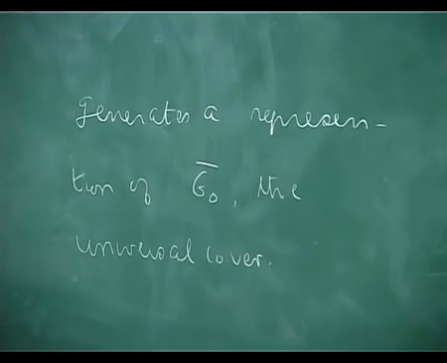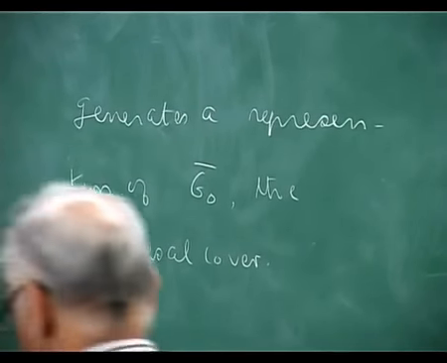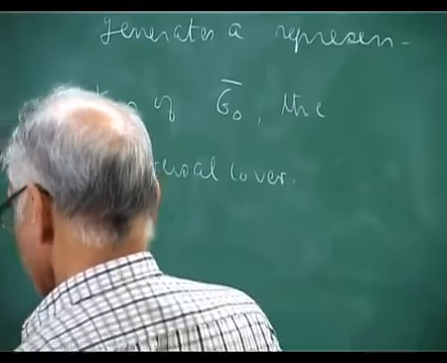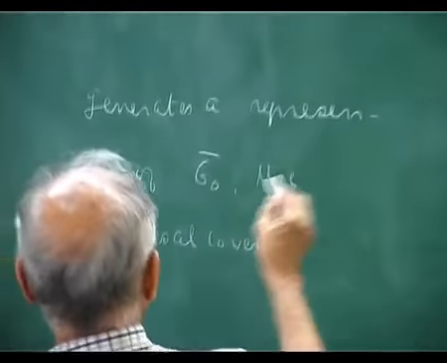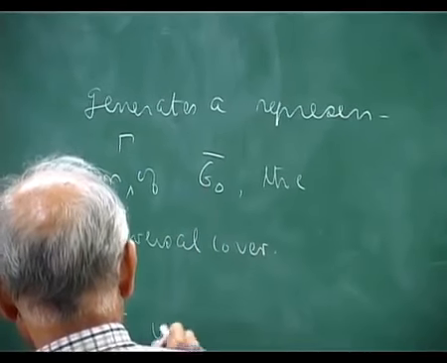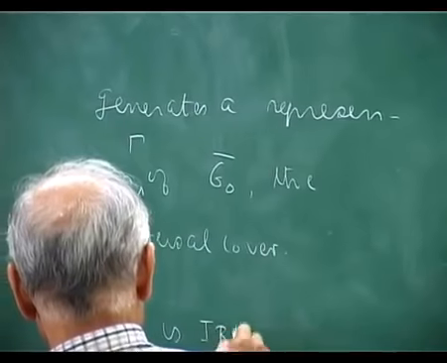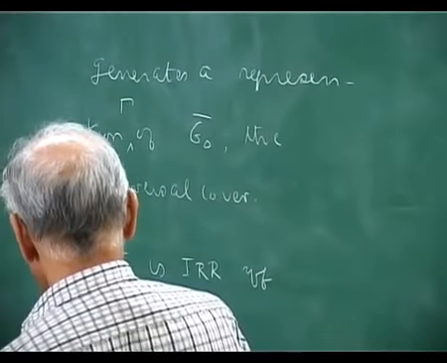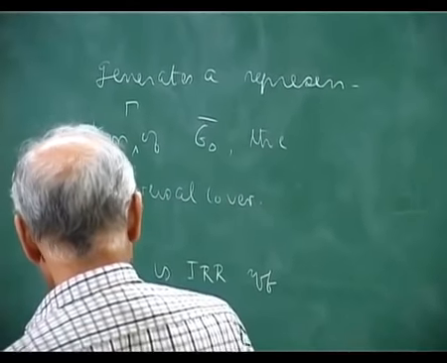Now, it's a pretty obvious remark: call this representation gamma. Gamma is irreducible if and only if the original gamma of L is irreducible.